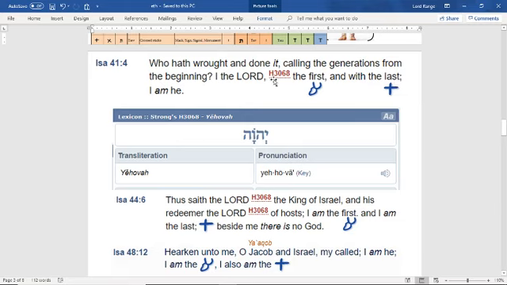And when you look up that Hebrew reference number 3068, it is not the Lord, it is Jehovah. So this is Jehovah saying, I'm the first and the last. So this first and last symbol, this word, means Jehovah. So while they're saying it's not translated in English, we can see this is pretty easily understood in the Bible. It's Jehovah.